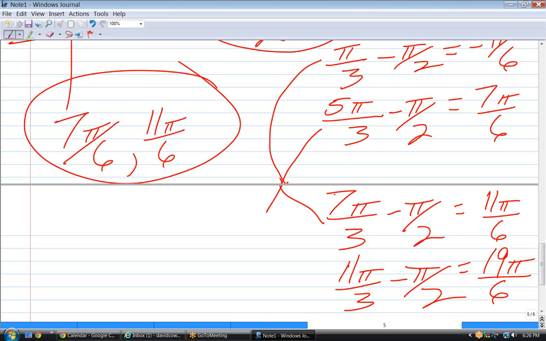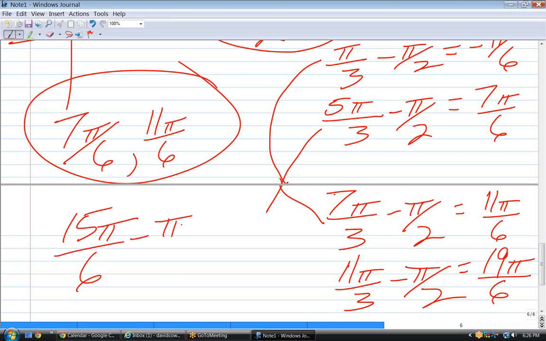Why does it seem like 15 pi over 3 should work? Let me just test this real quickly. 15 pi over 6 minus pi over 2. No. Hold on. Yeah, no, I don't think I've done anything wrong here.